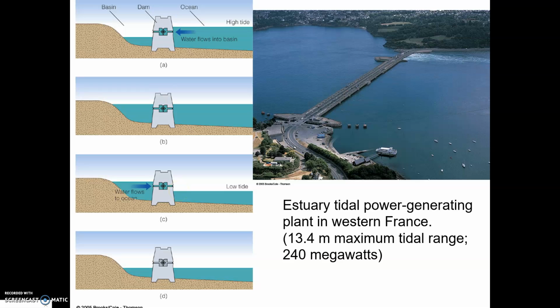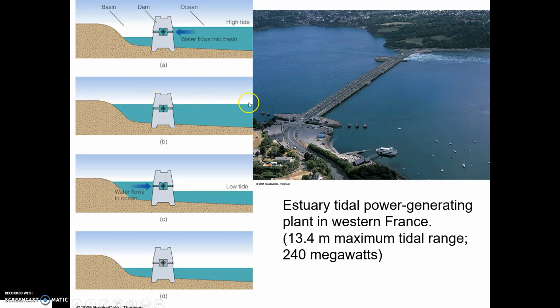So how can we use these tidal generating forces for a more positive effect? Here in France, they've built what they call an estuary tidal power generating plant, where they essentially harness this tidal change and create electricity from it. The diagram shows a sequence going A through D. During high tide, they harness the water, and it goes through this concrete dam and turns a turbine, creating electricity.